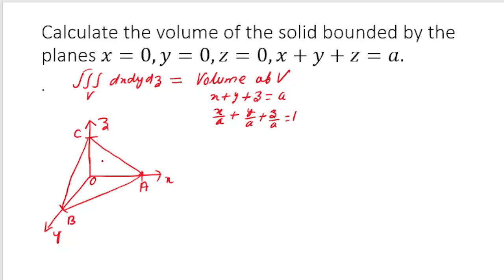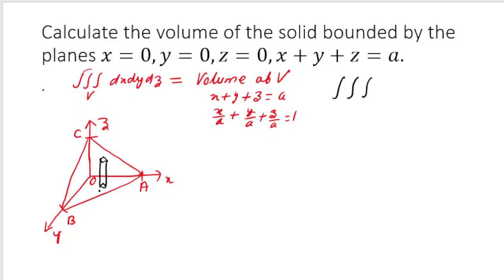So basically what happens, if you want to use the triple integral, you have to integrate dx, dy, dz. So what I'm going to do, I'm going to take a solid element. I don't know whether you can visualize this, but there is a solid kind of element that we are going to take, and this is a structure.